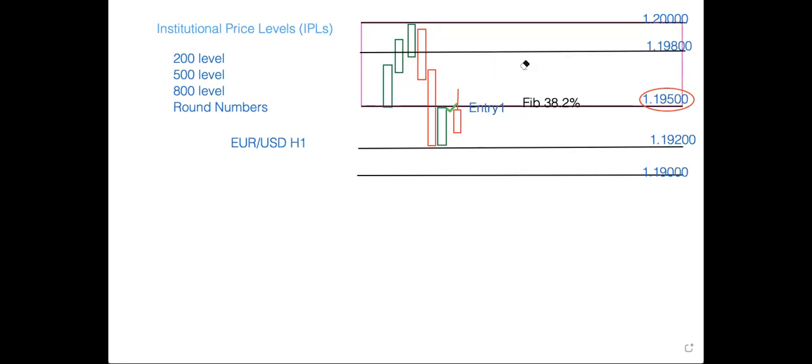So imagine this is our entry. Okay, so imagine we are taking this trade here. So this is our entry level. Okay, and now you want to set the stop loss and take profit.